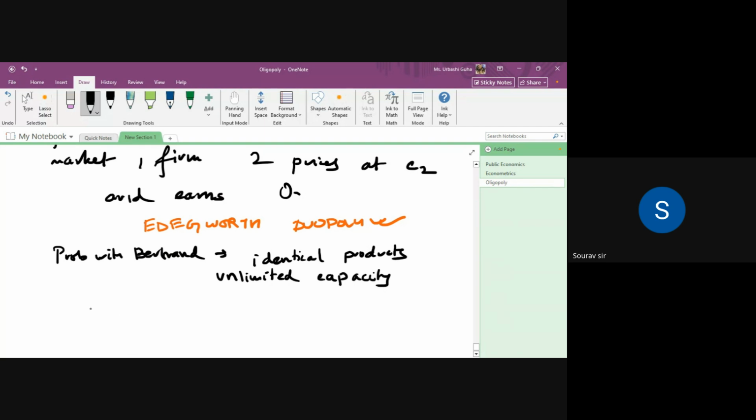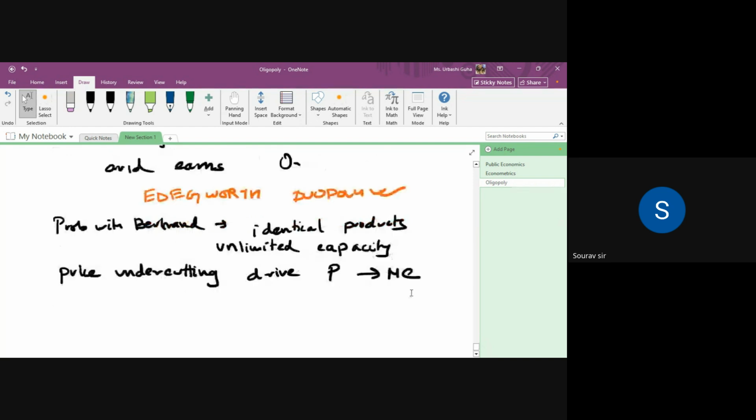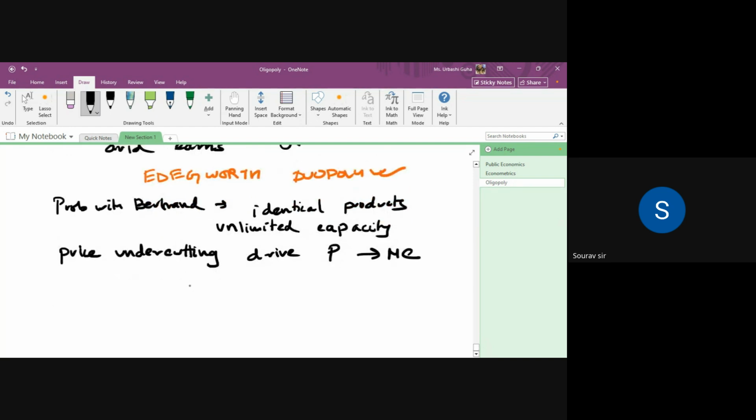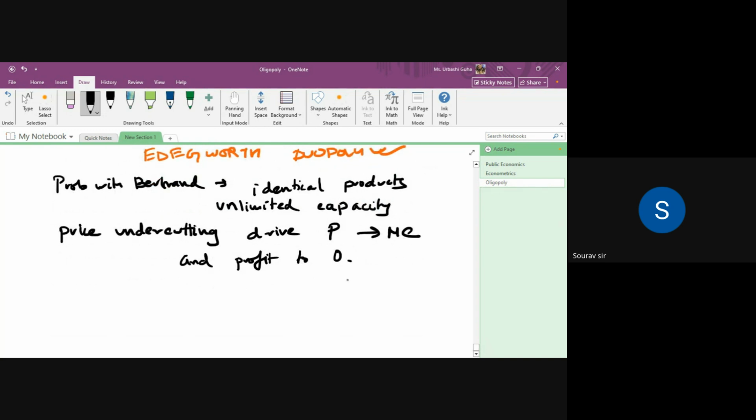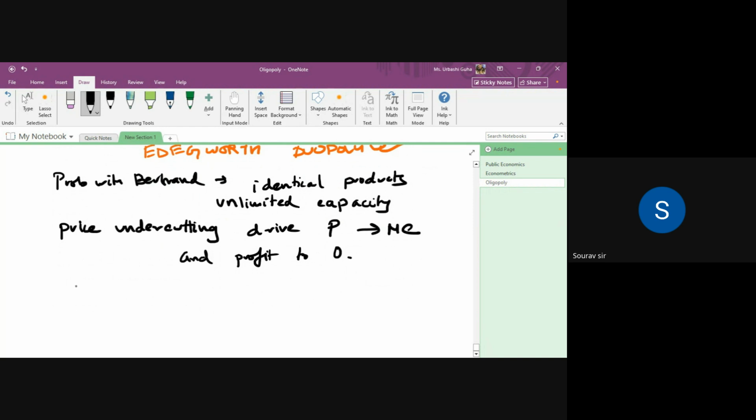Correct. So price undercutting was there, which drives price to marginal cost and profit to 0. Okay.